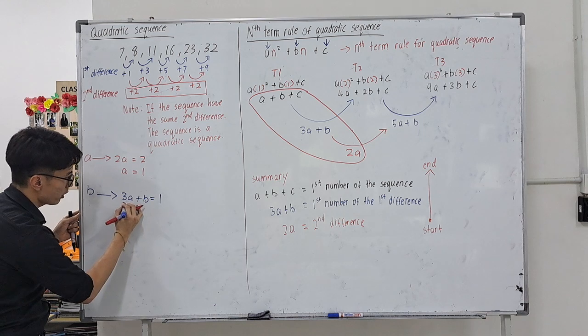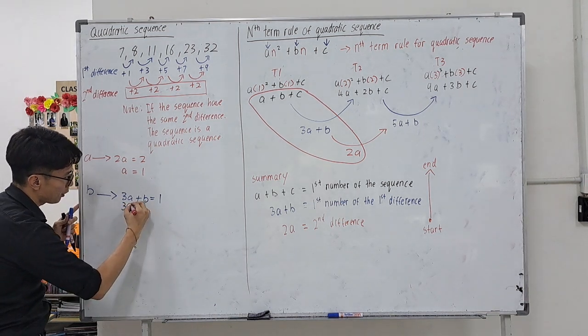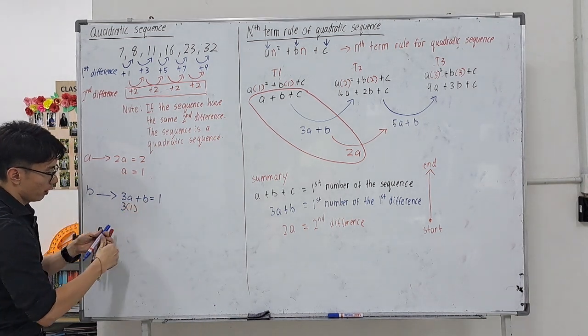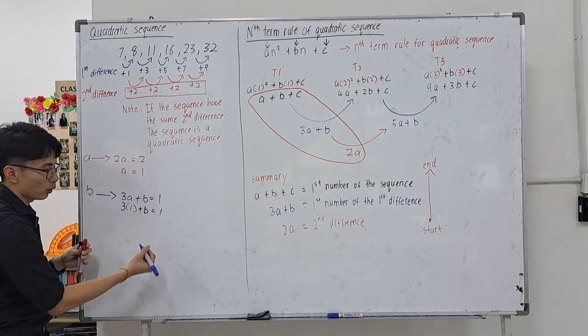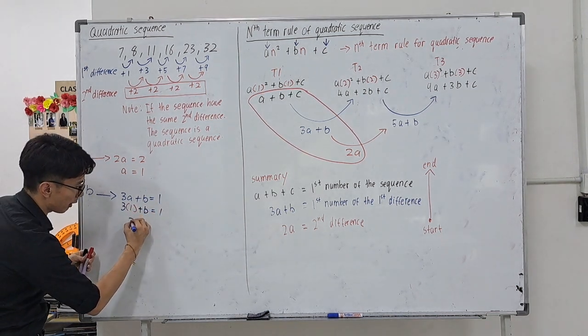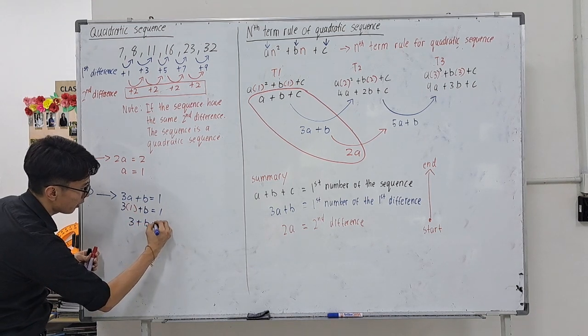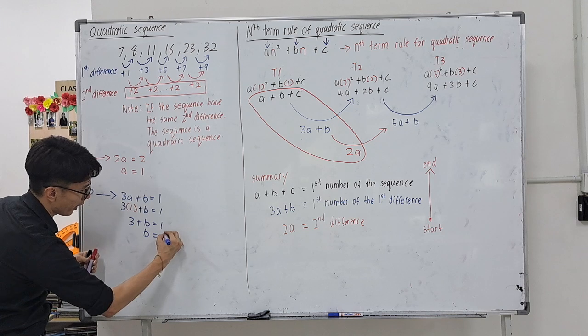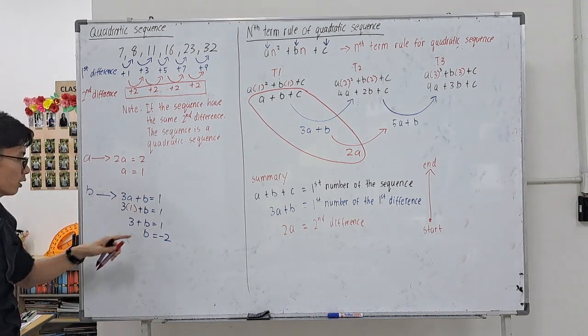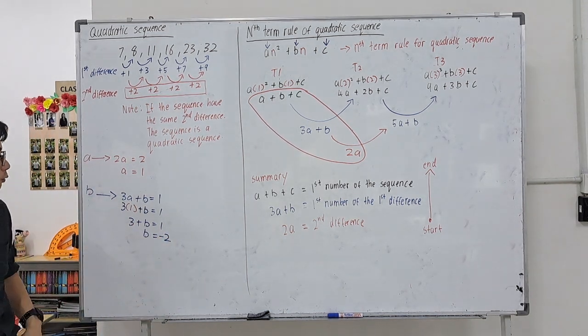So this is how I'm going to write it, 3, and then I substitute A, which is 1, and then plus B is equal to 1. If I simplify this, I get 3 plus B is equal to 1, and B is equal to negative 2. Okay, 1 minus 3, that's negative 2.